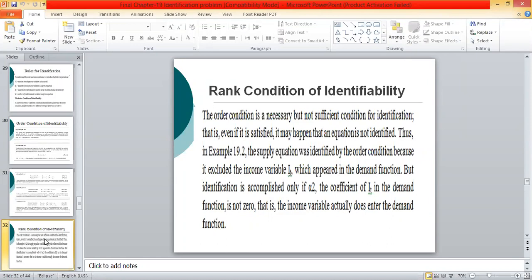Now move to the rank conditions of identifiability. The order condition discussed so far is a necessary but not a sufficient condition for identification.